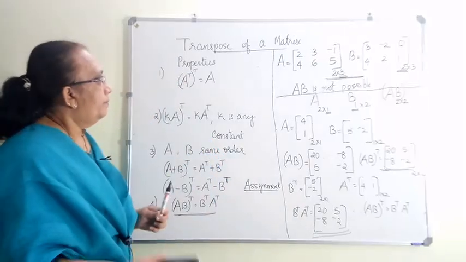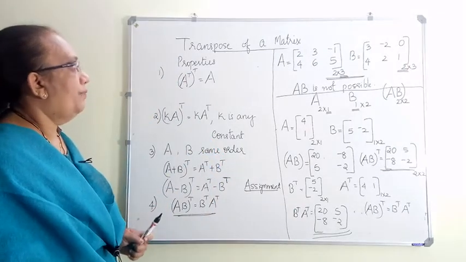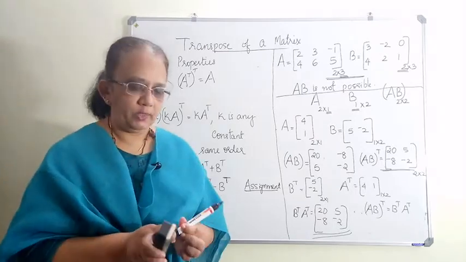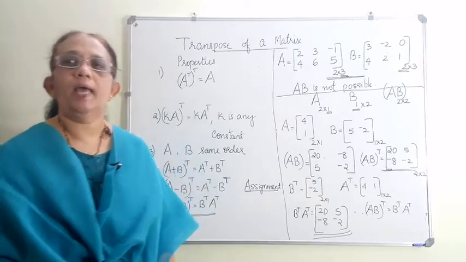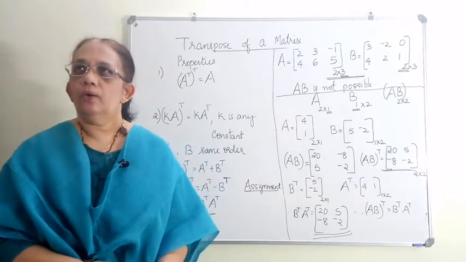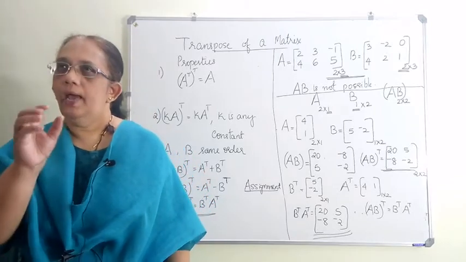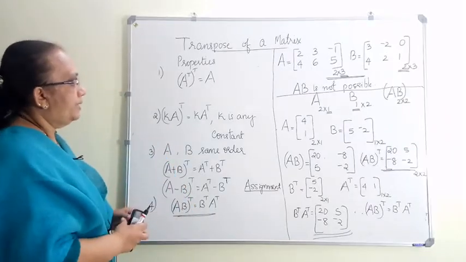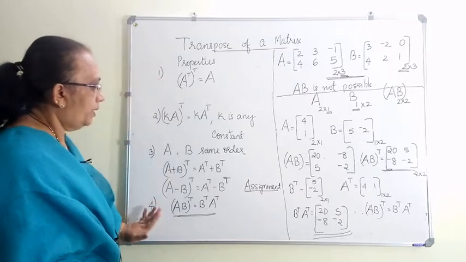So understand what is the transpose of a matrix. Transpose of a matrix means it is a new matrix obtained by interchanging rows and columns. That is, rows become the columns and columns become the rows. Now what are the properties of the transpose? There are 4 important properties.